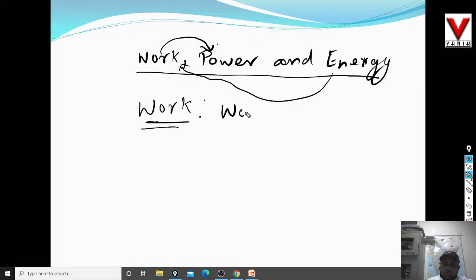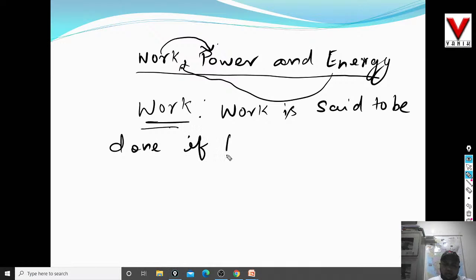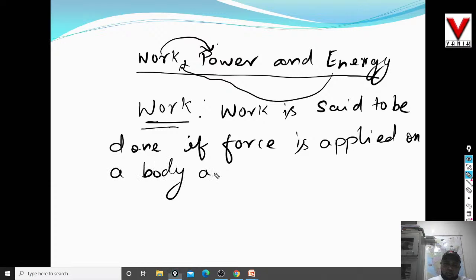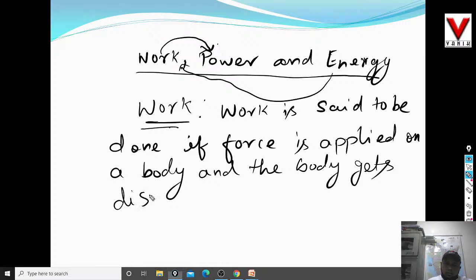We say that work is said to be done if force is applied on a body and the body gets displaced. Force is applied on a body and the body gets displaced. Okay, then we say that work is done. So this is the basic definition of work.